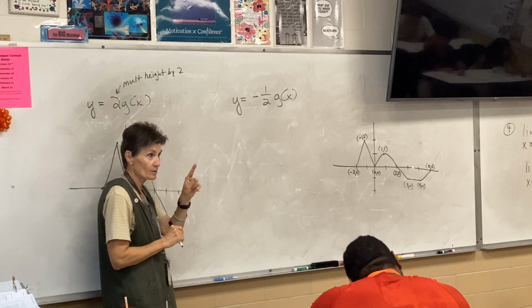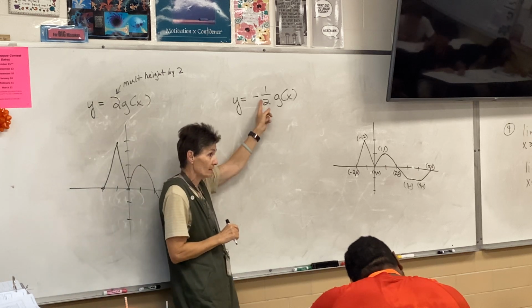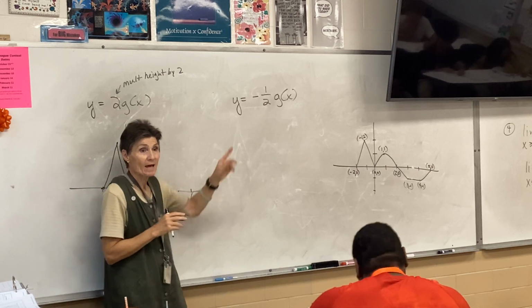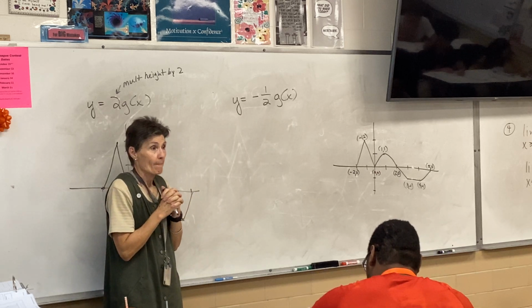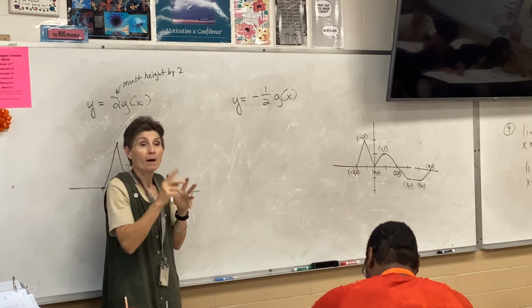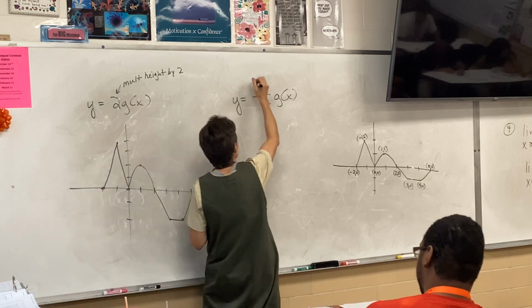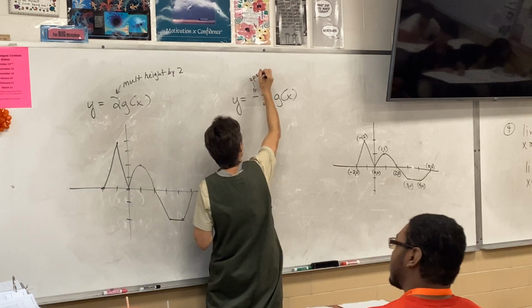We talked about this yesterday. Who remembers what a negative out in front does? That negative is out in front. Who remembers what that does? Yeah. Upside down, right. So this negative is going to make me go upside down.